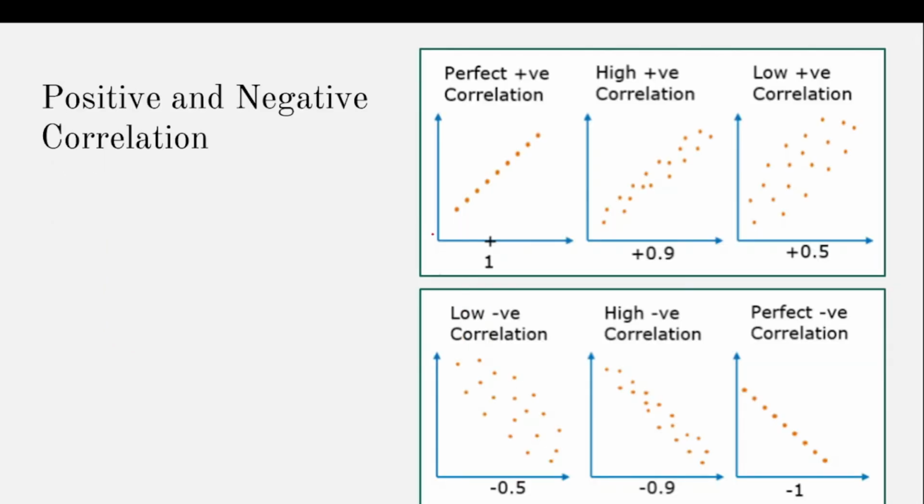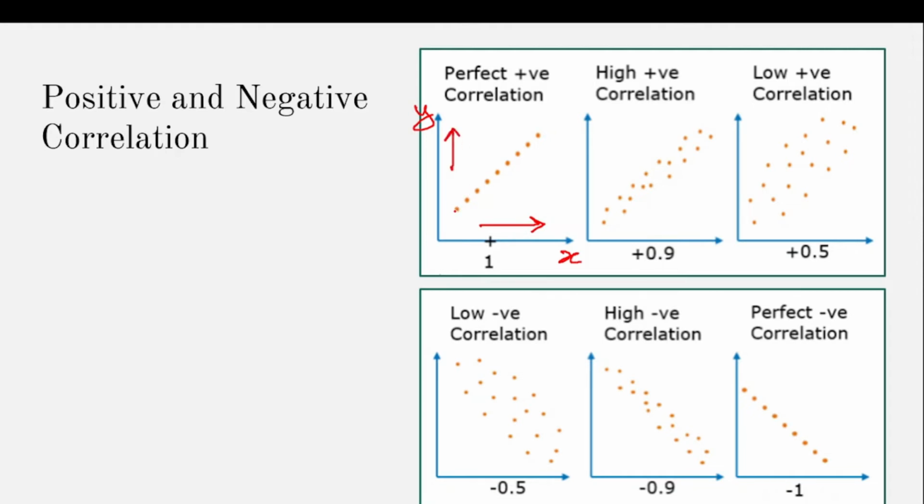Now let us see the different types of correlation that we can get. So using the scatter plot, interpretation of correlation is similar to that of covariance. So using the first plot, if this is my x-axis and this is the y-axis, I can clearly see that as I increase the value of x, the value of y also increases.